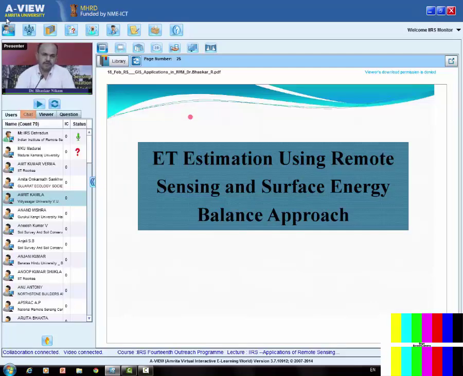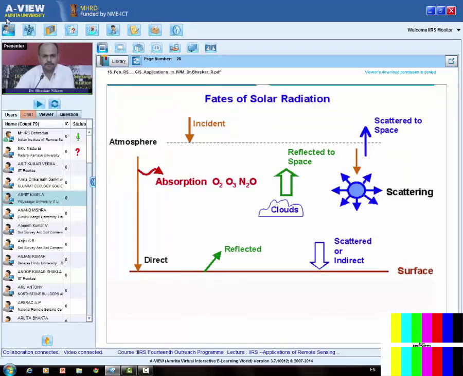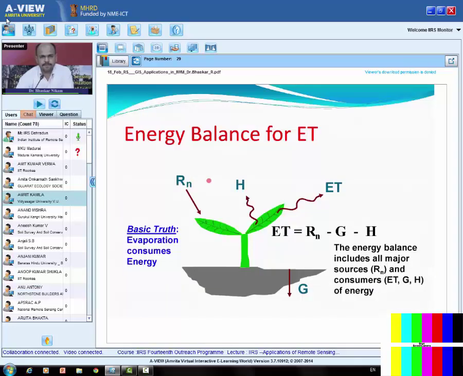Now there are some modern techniques to calculate crop water requirement or evapotranspiration. All of them fall under the surface energy balance approach. One exercise I am trying to show you here is where we have used this surface energy balance approach to calculate evapotranspiration. So it basically says that whatever energy we are receiving, this net radiation that we receive, will be used to heat up the atmosphere, to heat up the soil, and the rest of the energy will be used for evapotranspiration.